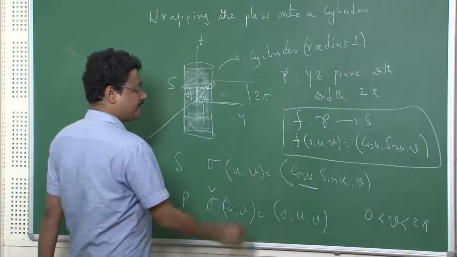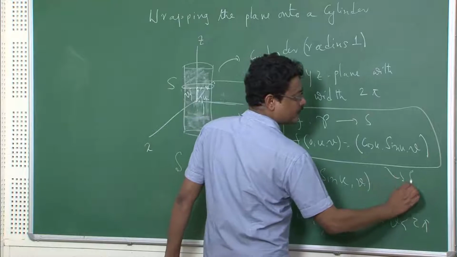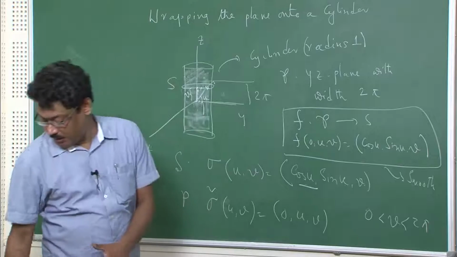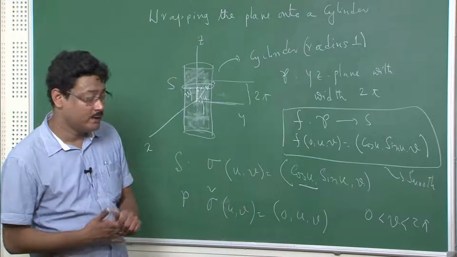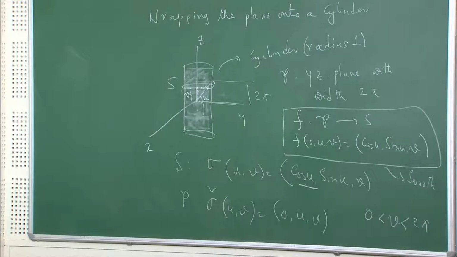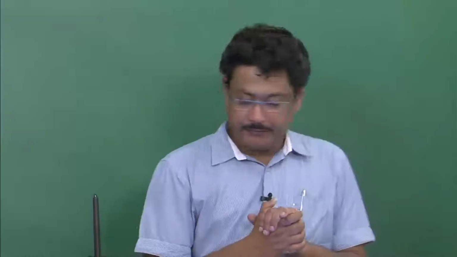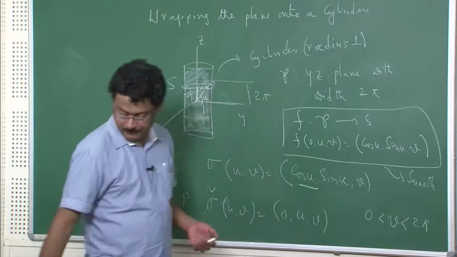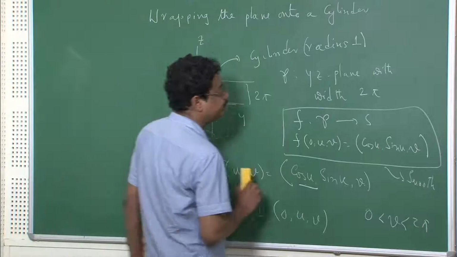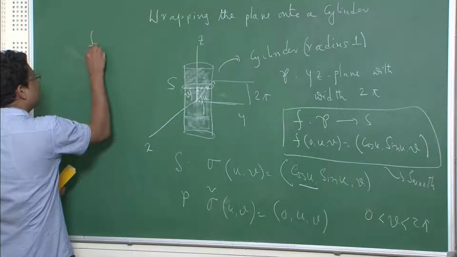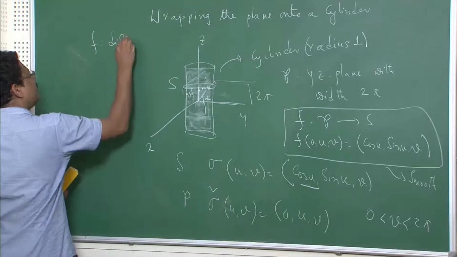You can check this f is a smooth map in the sense that all its partial derivatives of all orders exist and are continuous. Actually, f inverse also exists, and this f is actually a so called diffeomorphism.